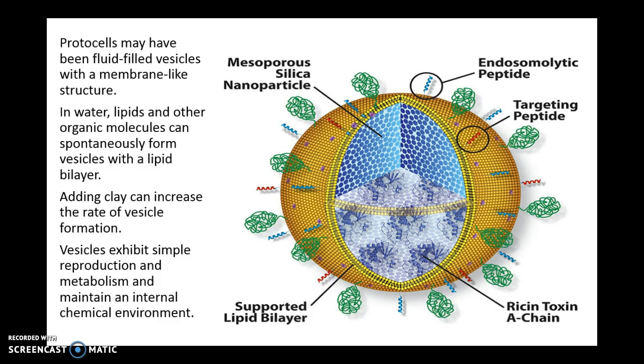Now, they did find that adding clay increased the rate of vesicle formation, and one of the reasons why they think that is, clay is laid down in layers, and this is microscopic. If you look at clay particles in soil, it's laid down in layers, and those layers give a place for these protocells to adhere.